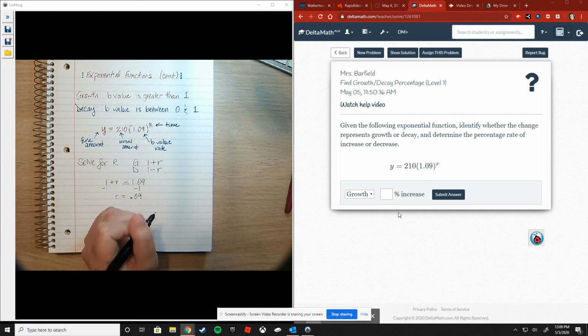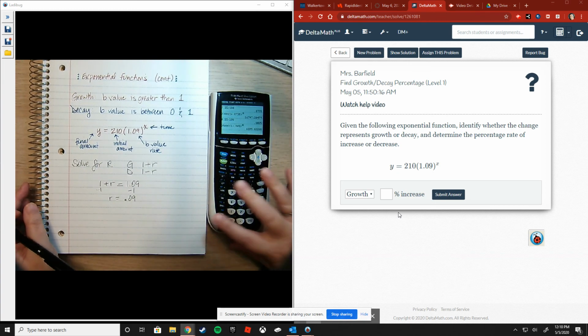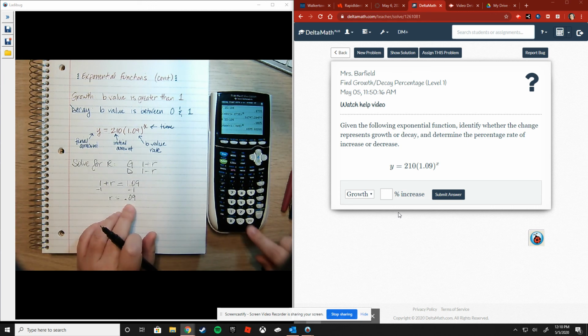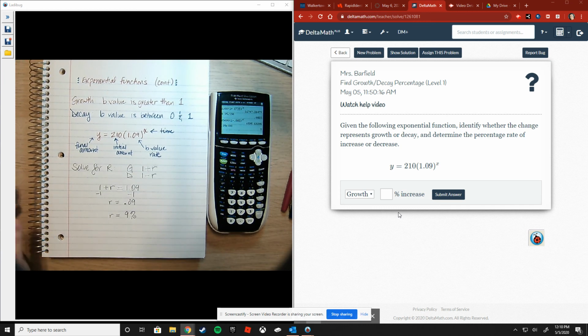So I just take out my calculator and I do 0.09 times 100. My answer is 9. So my r is 9%. And so that's my answer for this problem here.